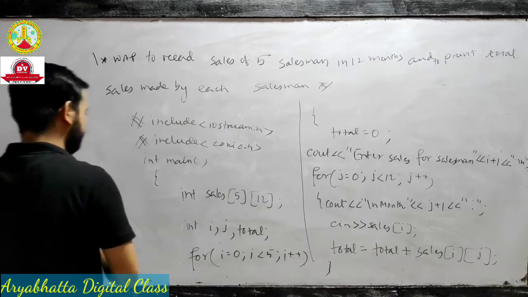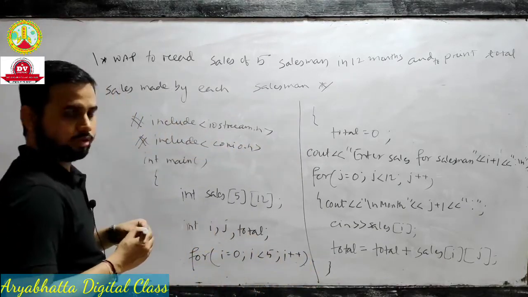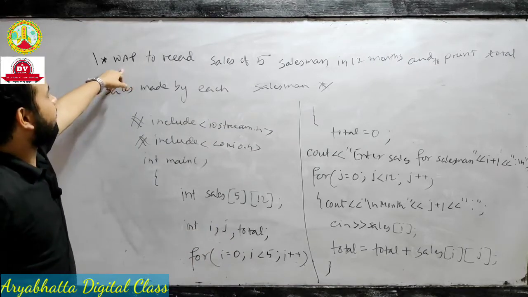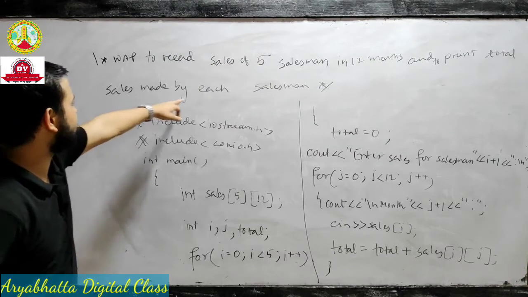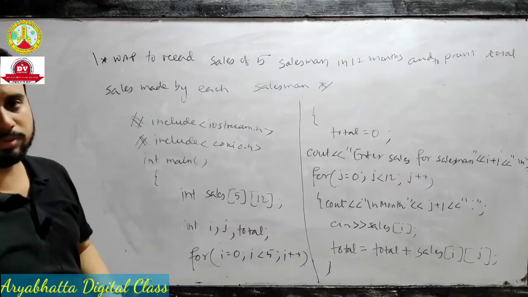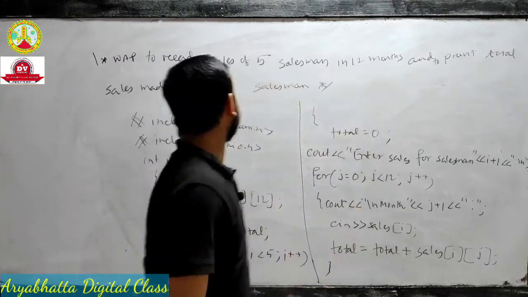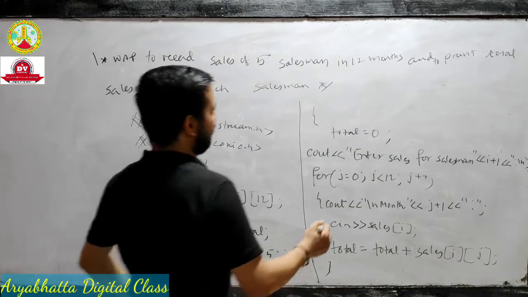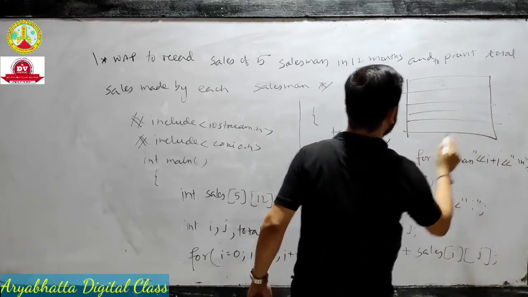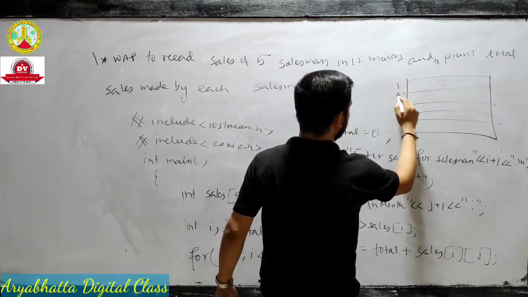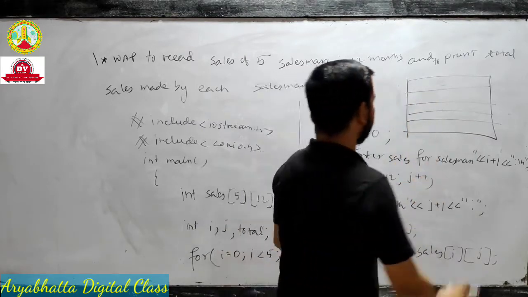First we have to understand this; some portion will be remaining. What is the program? Write a program to read sales of 5 salesmen in 12 months and to print total sales made by each salesman. How many salesmen? 5 salesmen, and each salesman in 12 months. Five rows means 5 salesmen, say 1, 2, 3, and so on.